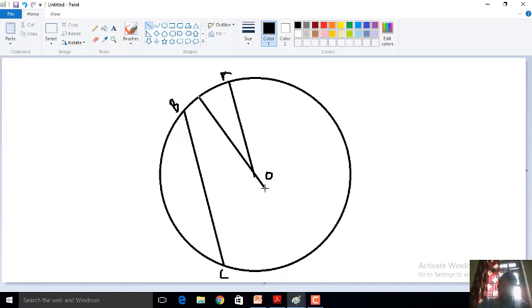Now, if any chord passes through the center, then that chord is known as diameter of the circle, and diameter of circle divides circle in two equal halves.